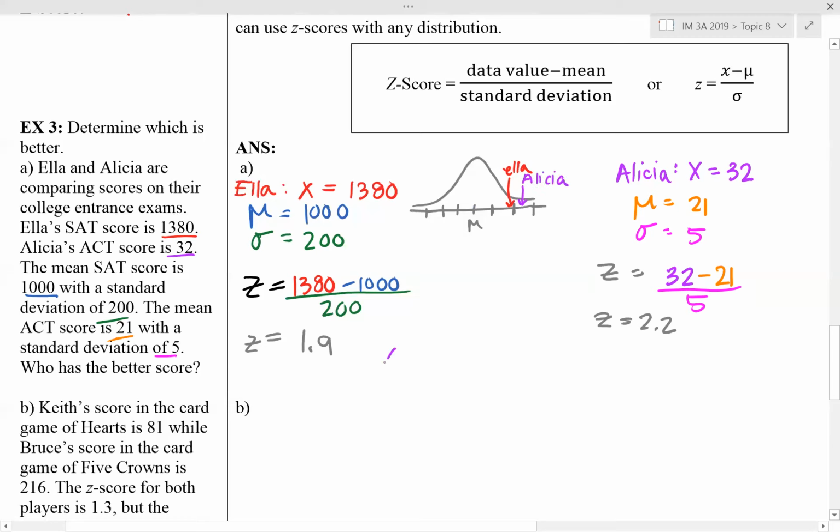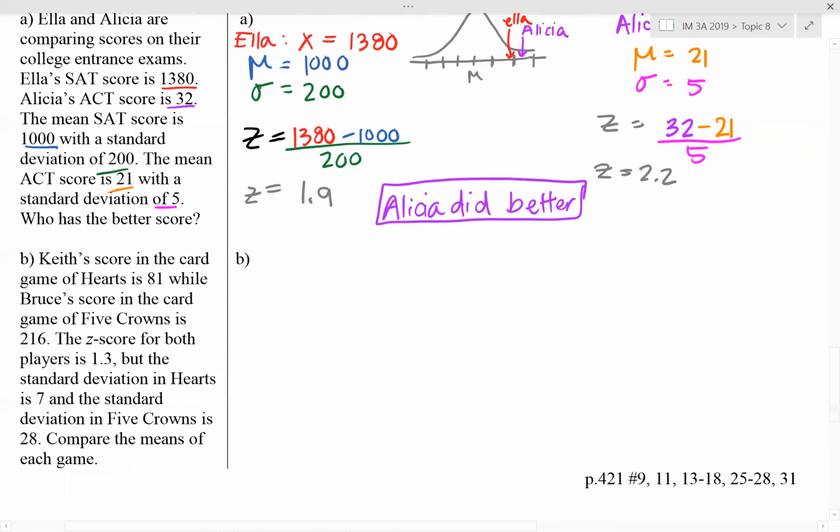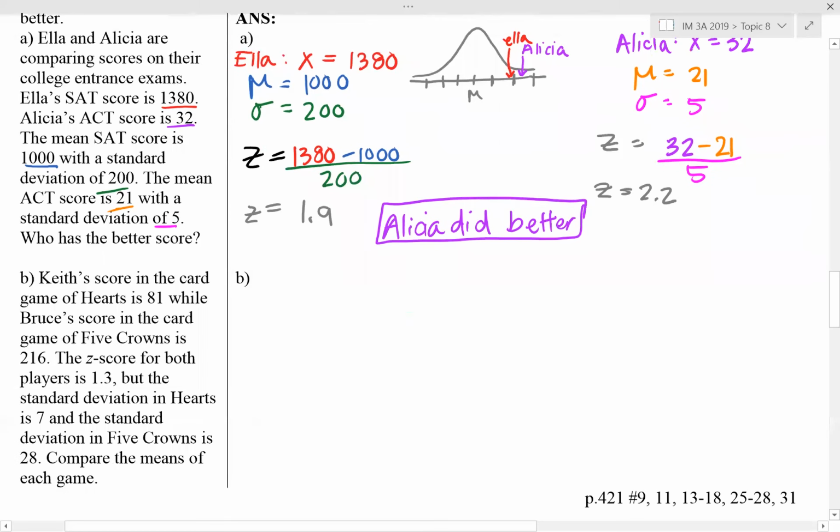So that means that Alicia did better because she's further to the right on the entrance exam. Okay, so Alicia's ACT score is better than Ella's SAT score based on looking at the z-scores of the two.